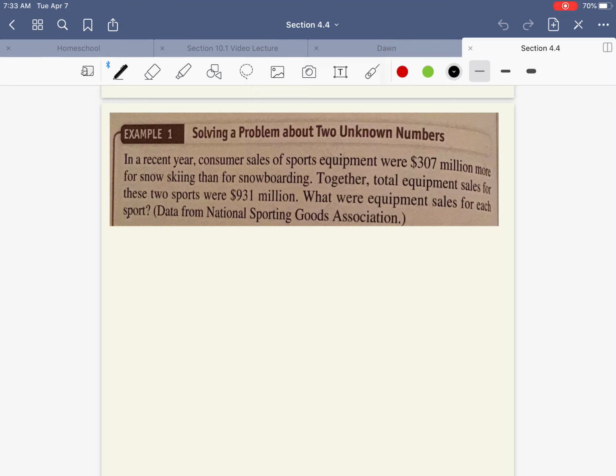All right, so we have two unknowns. So we will let one of the unknowns be, let's see, the two things we're looking for are snow skiing and snowboarding. So we'll let X be snow skiing, and we'll let Y be snowboarding.